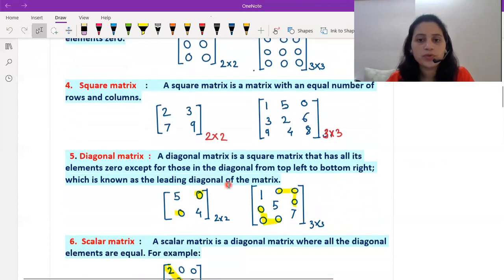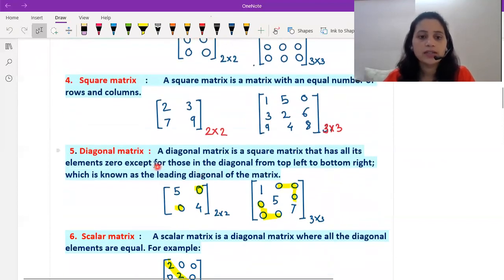Okay. Now we move towards the next definition, the diagonal matrix. What is a diagonal matrix? Again, the name itself suggests the meaning. A diagonal matrix is a square matrix that has all its elements 0 except for those in the diagonal from top left to bottom right, which is known as the leading diagonal of the matrix.